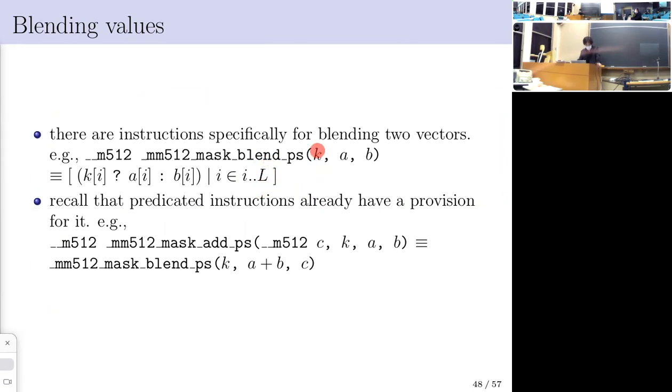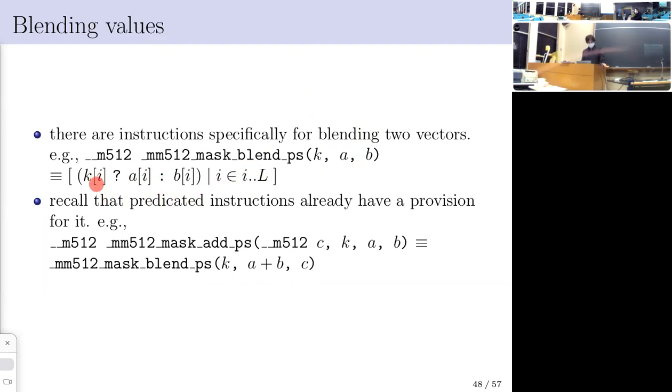It takes a mask and two vector values, and each bit of the mask specifies from which SIMD value the value needs to be taken. So it's essentially doing something like this on each lane.